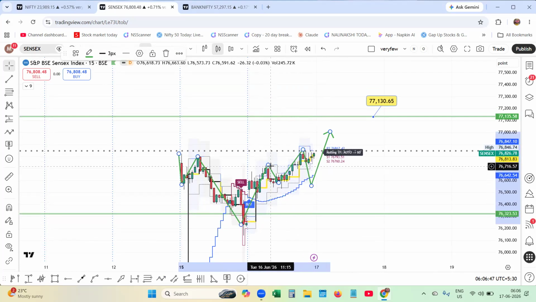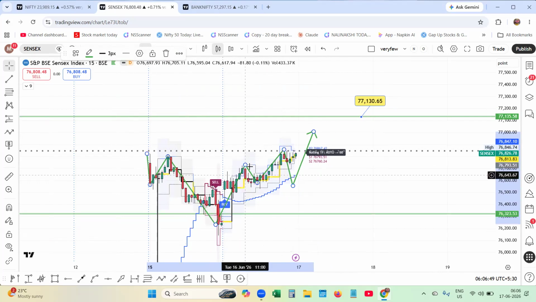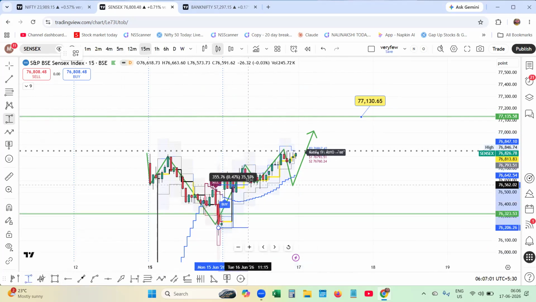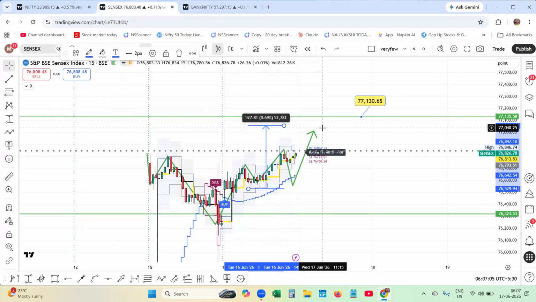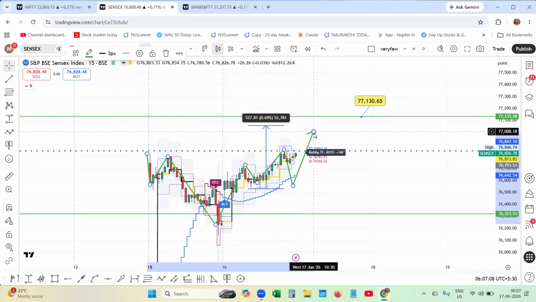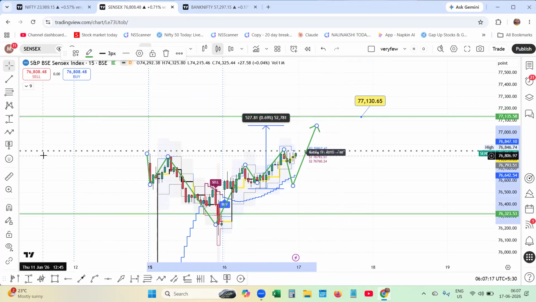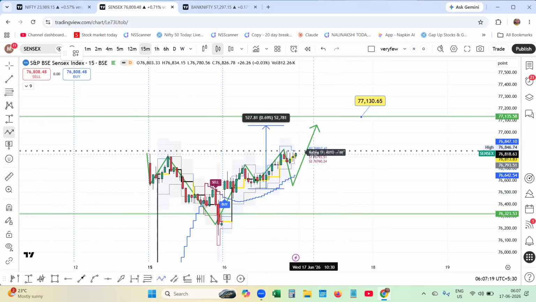So if you measure this swing, this is one swing here, and this is a half swing. If I measure this swing, this is one swing, and the completion of this swing will be exactly to this level, 77,057. Straight away, if it goes there and retests, and it can, you will have an opportunity.